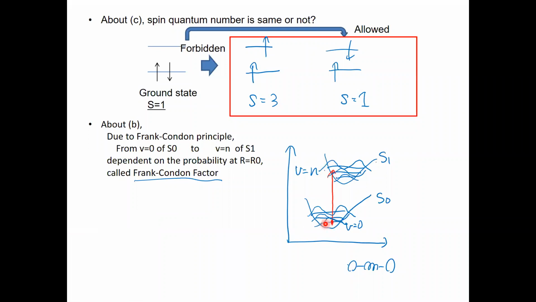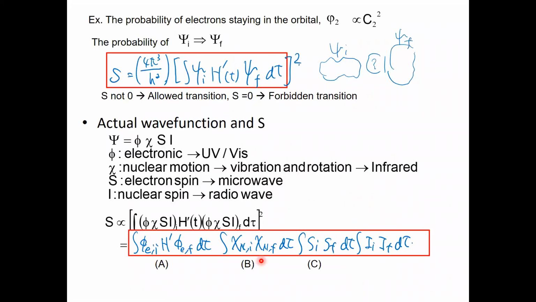In this case, from v equals 0, and then this one is v equals 2, and 1, and there's an edge of v equals 1 in this drawing. So depending on this overlap, the integral value of v is going to change. Okay.